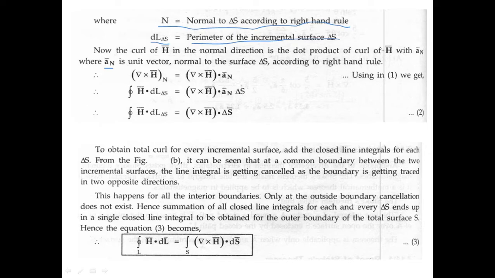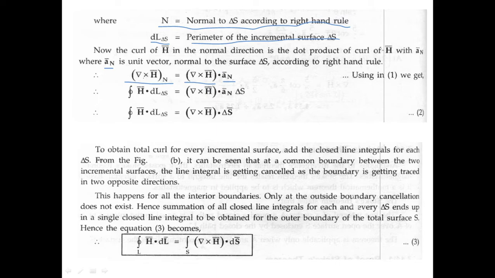Right. Now here what happens? The curl of h vector, which is in the normal direction, is equal to curl of h dot an. What is dot an? It gives the direction normal to the surface. So I'm just writing the curl in the normal direction as the dot product of curl of h vector and an.